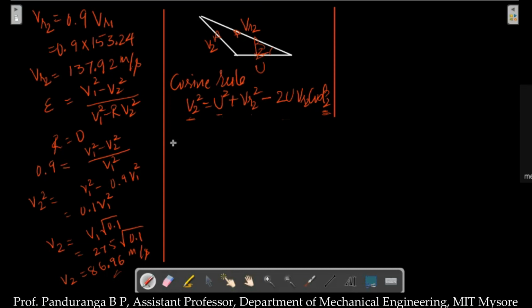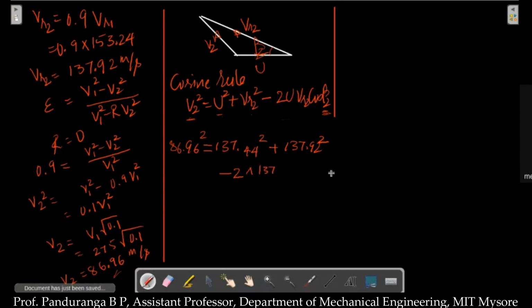So V2 is 86.96 square, that will be equal to... 36.82 degree.